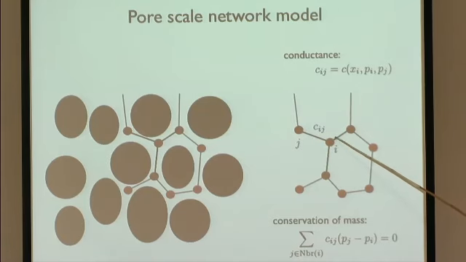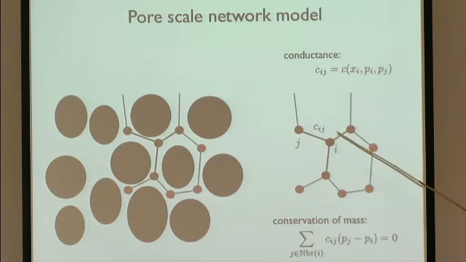If the pressure is higher from here to here, then the material is going to flow from this pore into that pore according to this constant over here. So centering at this node, this conservation of mass basically says what comes in will go out. So this is the formulation over here. You sum over all the neighboring nodes like that, and then you should get 0.